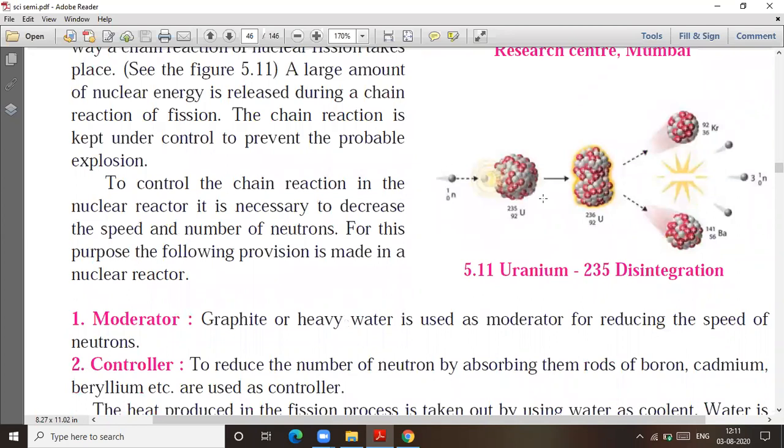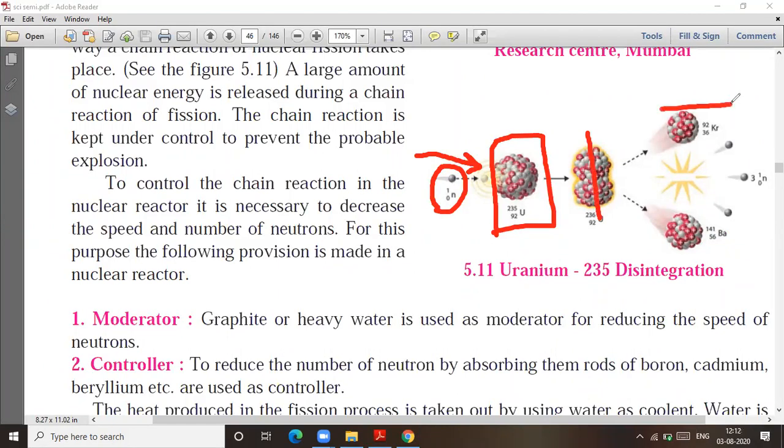You can see the diagram. See, this is the atom of uranium 235. What do we do? We bombard a neutron on this uranium 235 atom. Because of this bombardment, it undergoes fission, meaning it breaks into pieces, and you get a nucleus of krypton and a nucleus of barium.